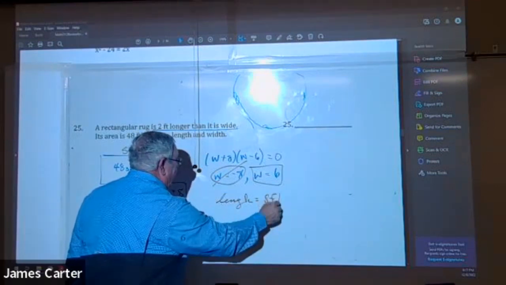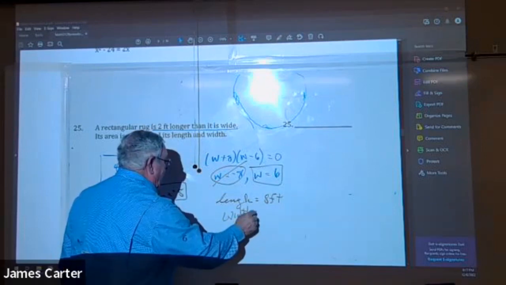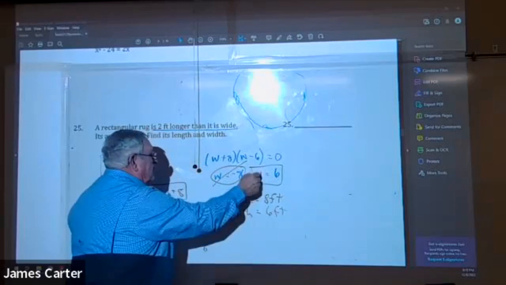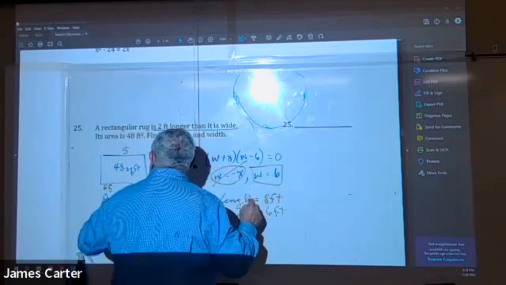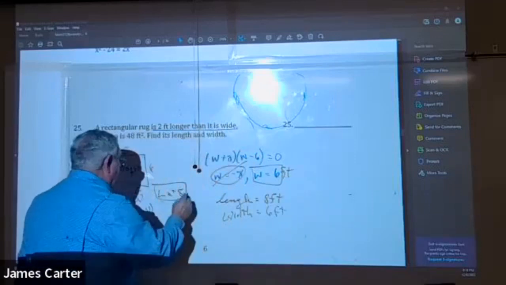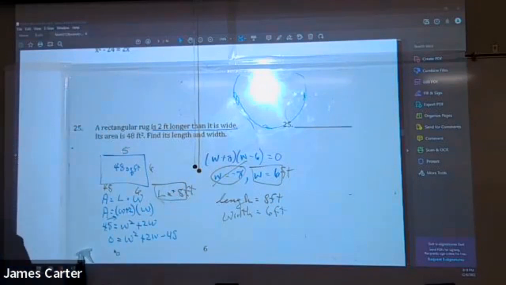Feet? And your width is 6 feet. Now, actually right here, because I've already kind of defined that, as long as I had written feet here and I had written feet here, I probably wouldn't take off points. Okay.